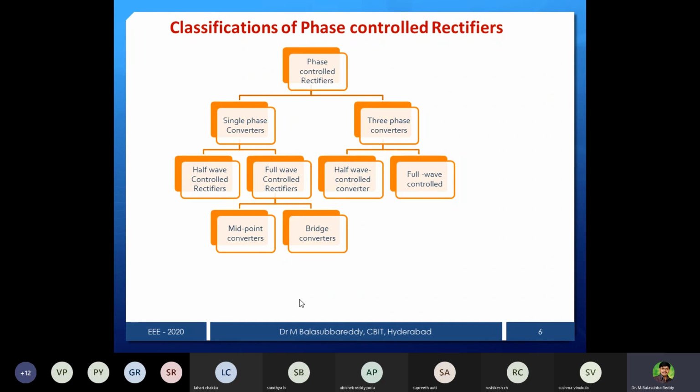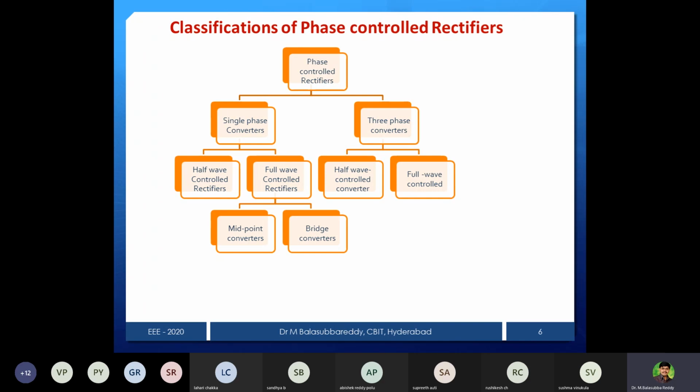The difference between these two, midpoint and bridge converter: in the midpoint converter, a midpoint or center tap transformer is required. And in the bridge type, we don't require any transformer, we directly connect the devices in the form of a bridge, and you can connect the input as an AC supply, and directly take the output as DC.